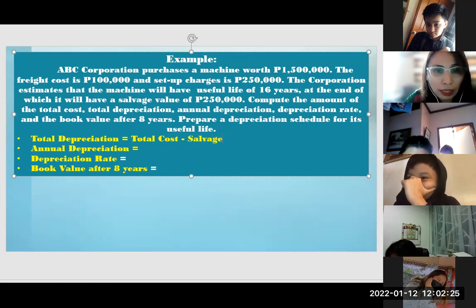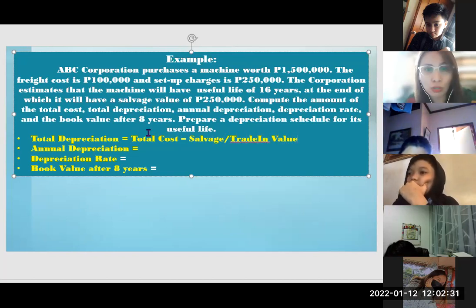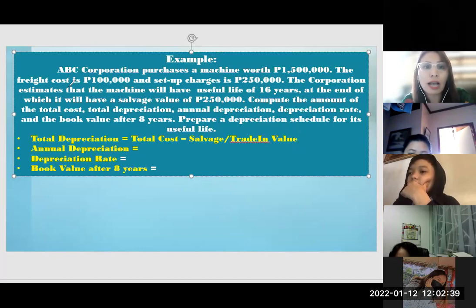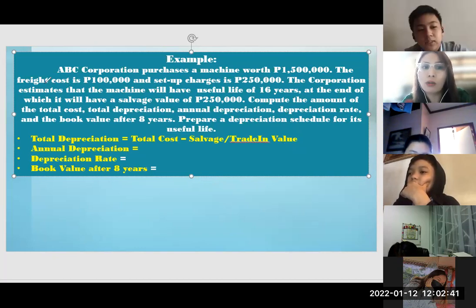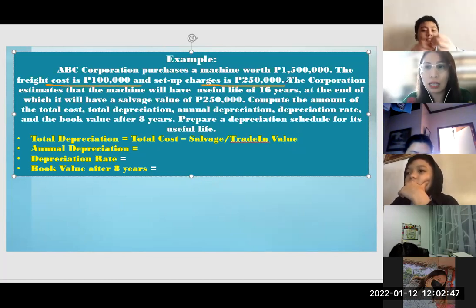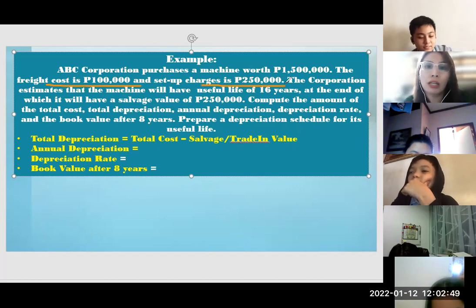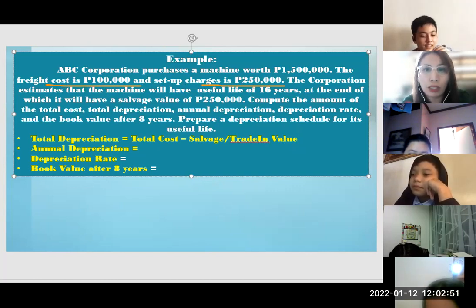Let's write the trade-in. Parehas lang po yan. Trade-in value or cost. Ayan. Trade-in value or cost. But first things first, since meron tayong additional cost, we need to add this up so that complete yung ating original cost.